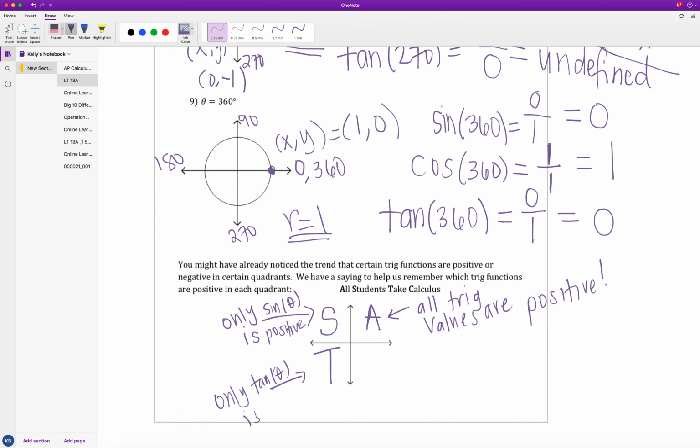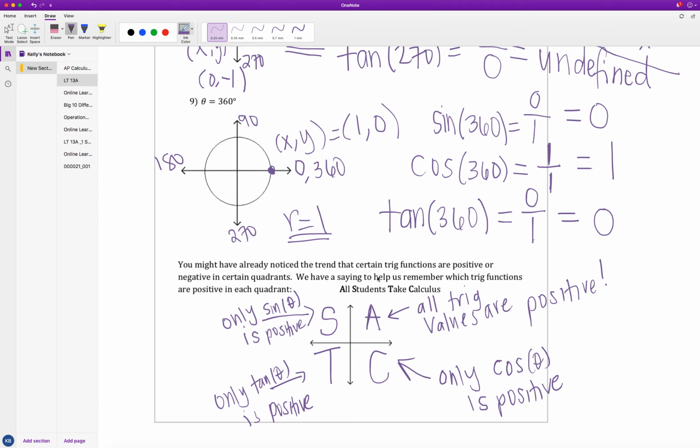And our last one is going to get a C because only cosine is positive, not all, only. So in quadrant 4, only cosine of an angle is positive. What this is helpful for is remembering as you're going around to make sure you're labeling sides that are negative if you go to the left or if you go down.